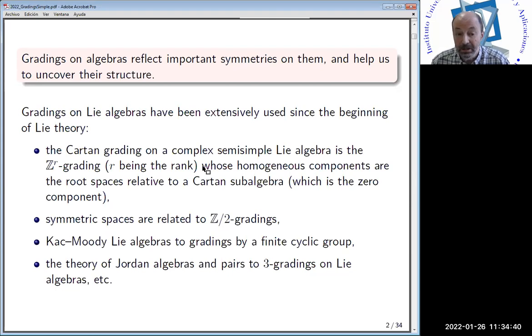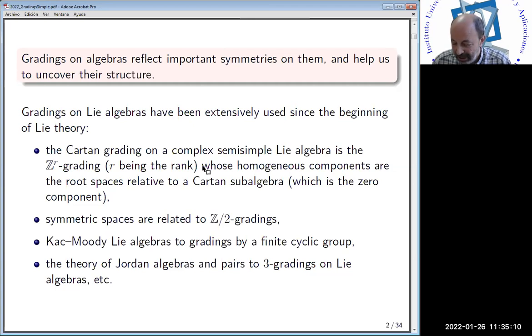When dealing with structurable algebras, one gets 5-gradings on Lie algebras. And dealing with more general Jordan systems, one gets gradings by the integers with some depth on Lie algebras. One can move from Jordan systems to Lie algebras graded by the integers and back to the Jordan systems.